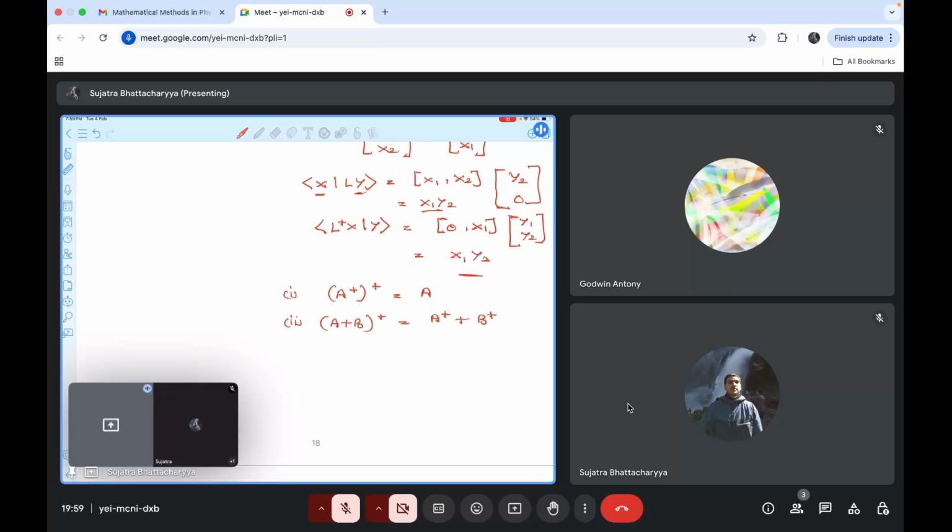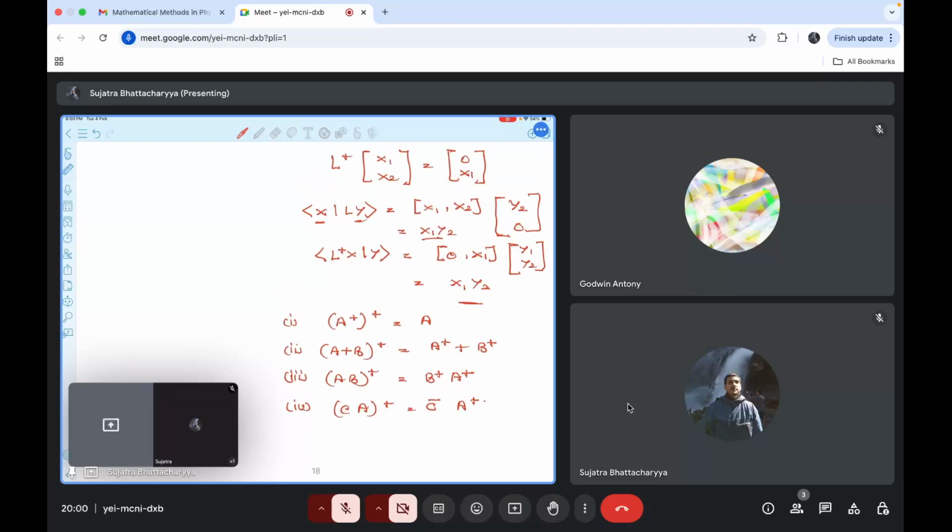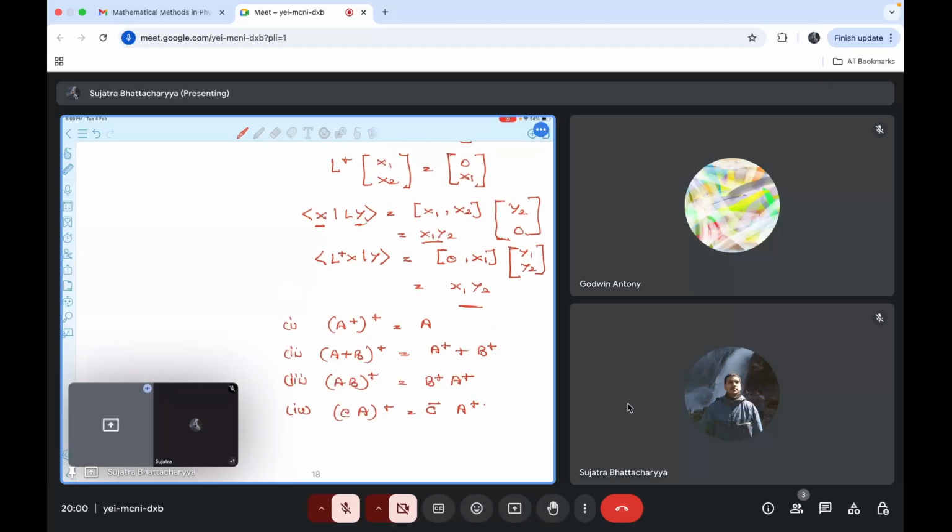This dagger is the Hermitian conjugate, the adjoint of the operator. Number three, (AB) whole dagger is B dagger A dagger. And fourth, (C times A) dagger is the complex conjugate of C times A dagger. That's all. These are certain properties which are useful.